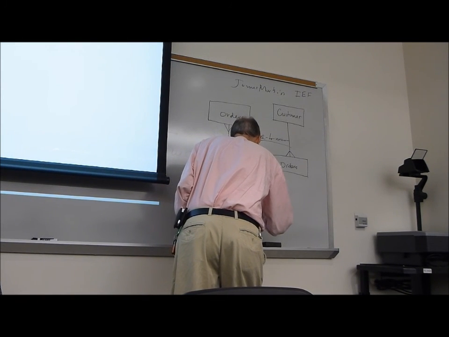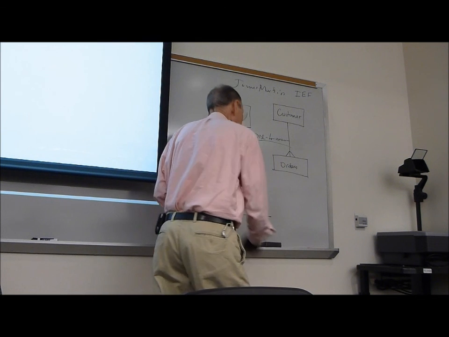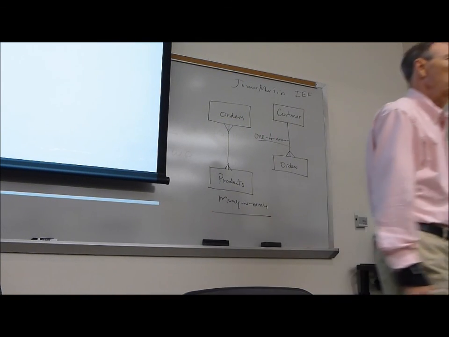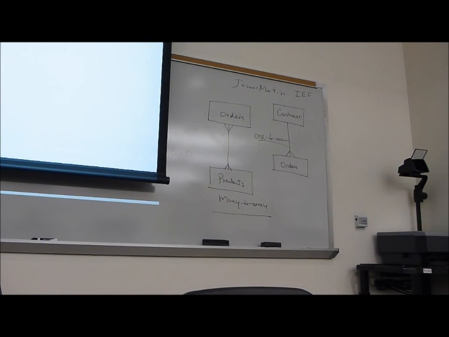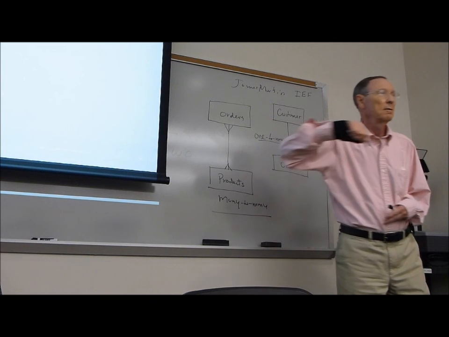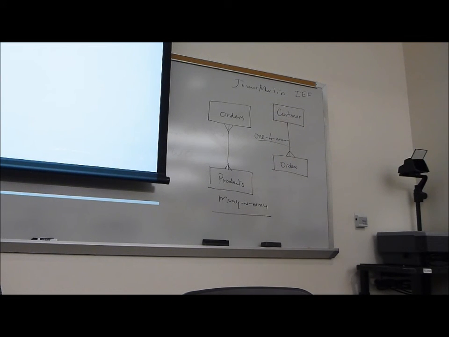That's what you have in a model, the semantics. You say that's fine, that's descriptive of what it is, but we can't implement that with tables. We've got to do something else.